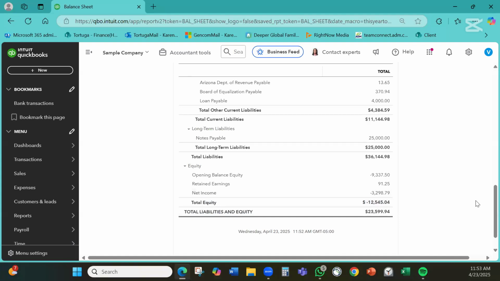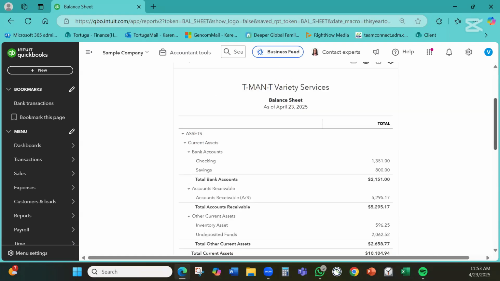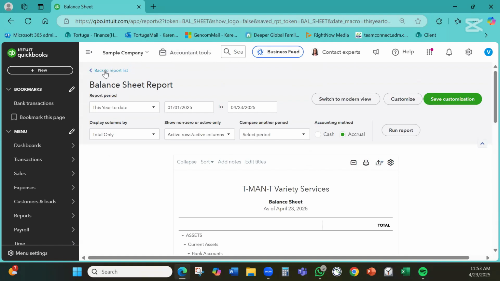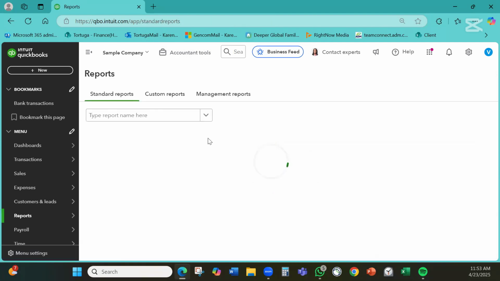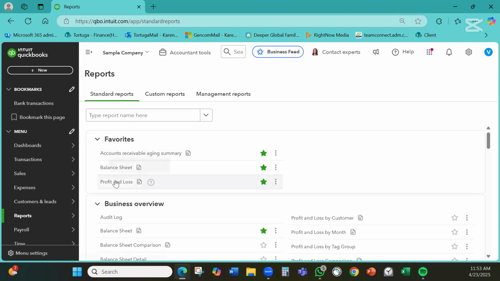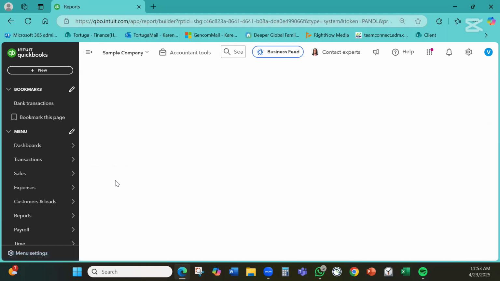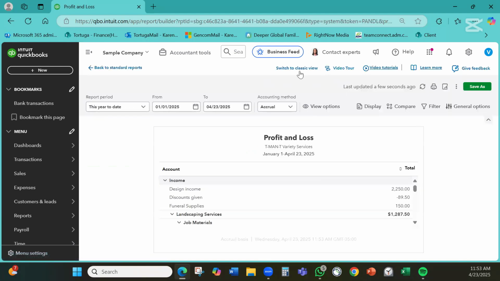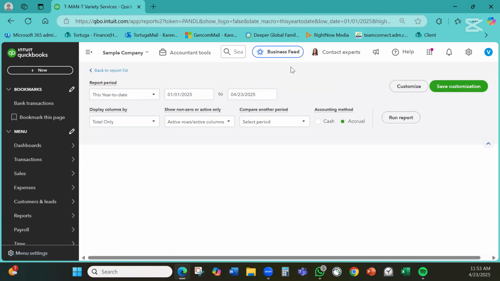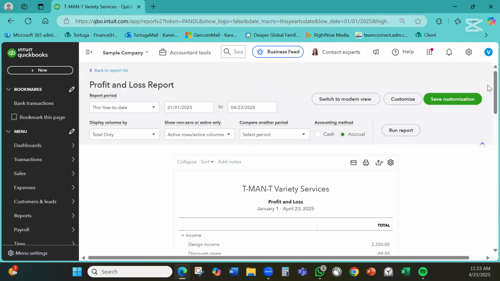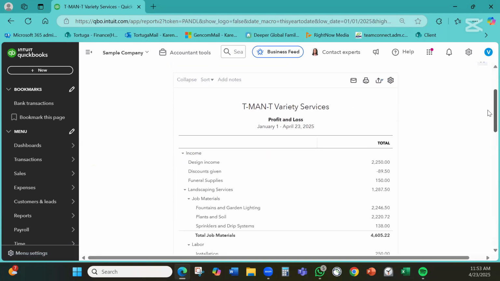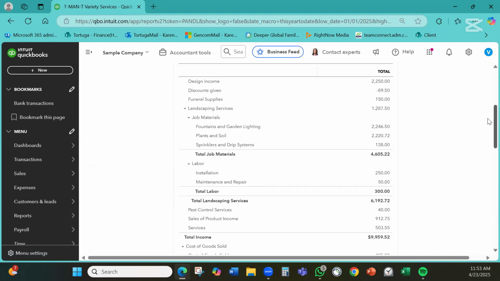All right. So that is your balance sheet. And remember, it is all your information that is coming here. So if you put in the wrong information, when you are ready to view it, it is going to look strange. It is not going to make any sense to you because the information is not correct.